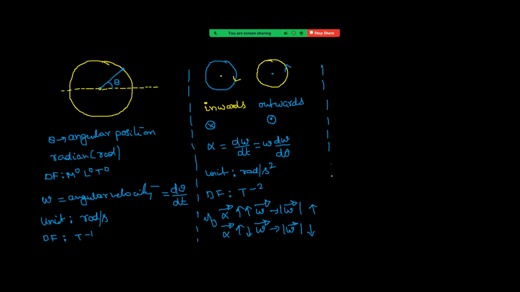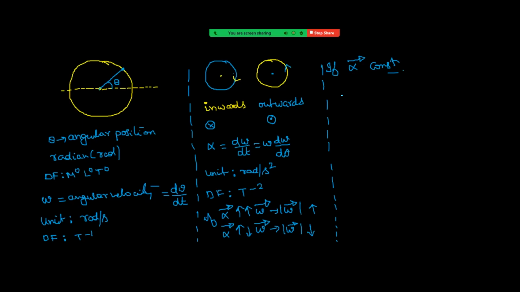Now after having these two, we take one special case: if alpha bar is constant, that means magnitude as well as direction both are constant.